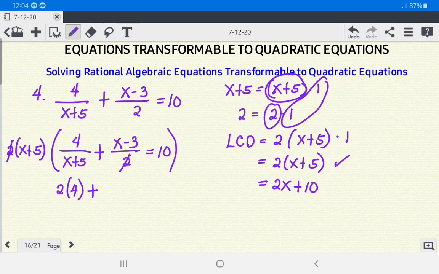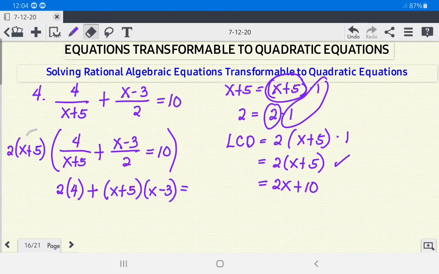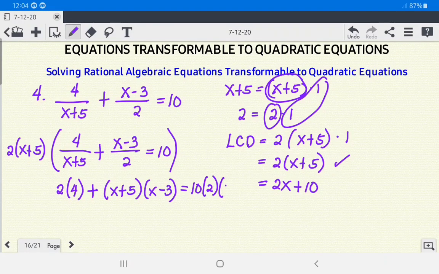Okay, then we are going to multiply x plus 5 and then x minus 3. So, we have x plus 5 and then x minus 3. Then, equals 2. This one, again, multiply 2 and then x plus 5 by 10. So, we have 10 times 2 times x plus 5.